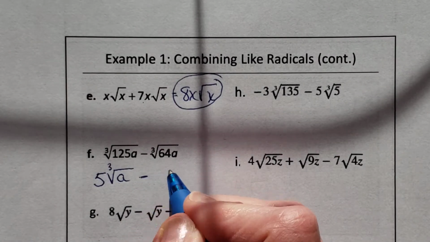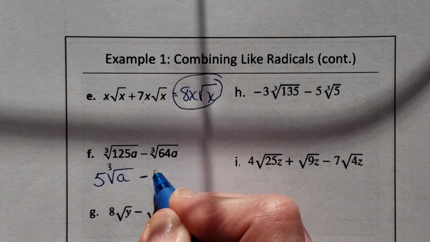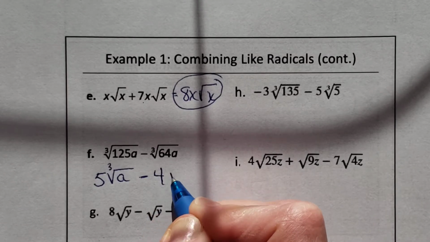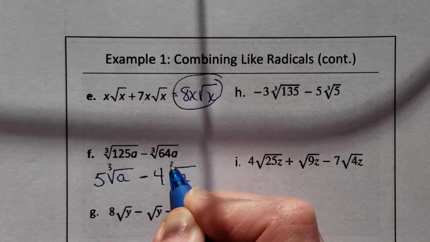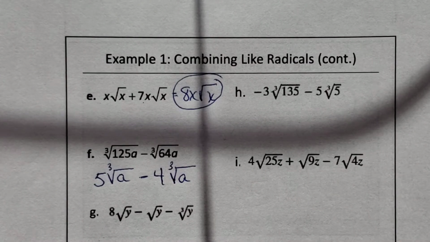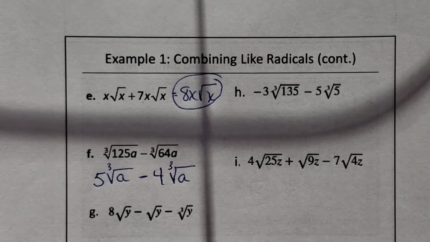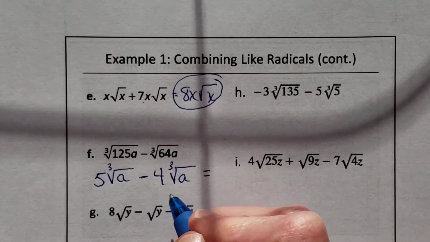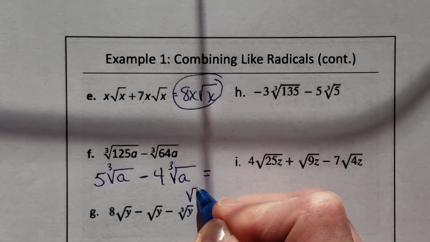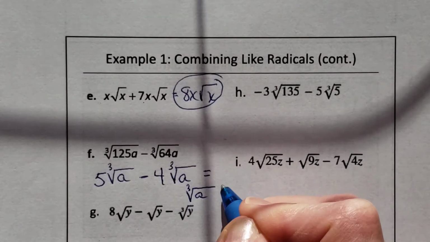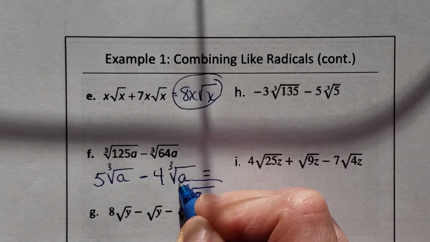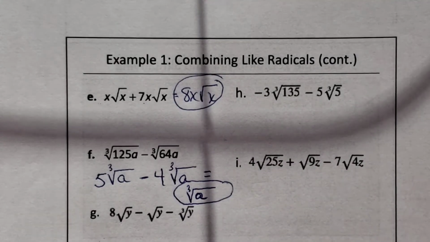The cube root of 64 is 4, and then the A will stay under the radical. And then now they're like terms. So 5 minus 4 is 1. So the final answer is 1 cube root of A.